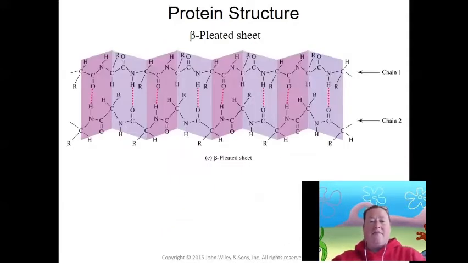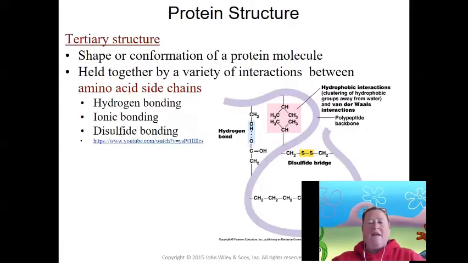And here is a beta pleated sheet. Again, notice that the R groups are not playing a role in this. It is interactions involving hydrogen bonding between the major backbone of that polypeptide chain. The tertiary structure is the overall three-dimensional shape that the protein ends up taking.